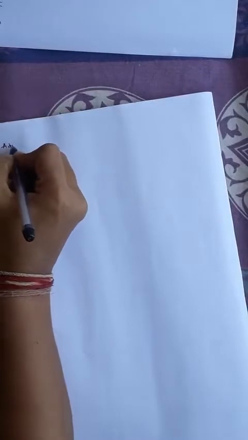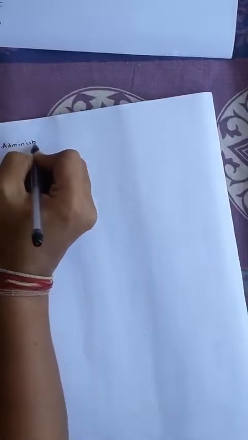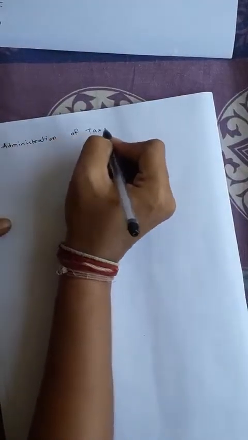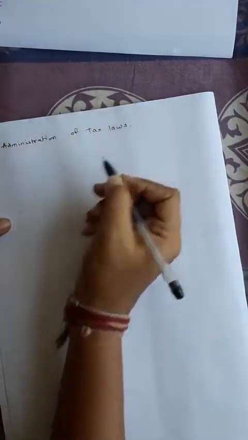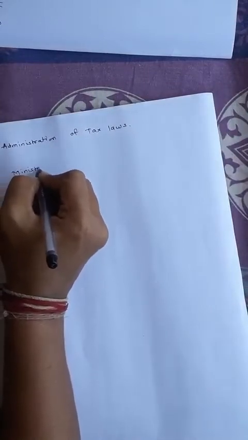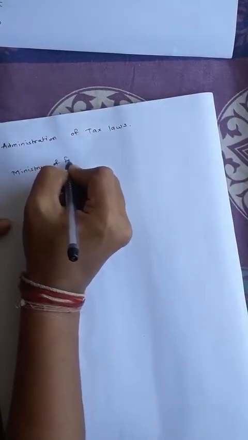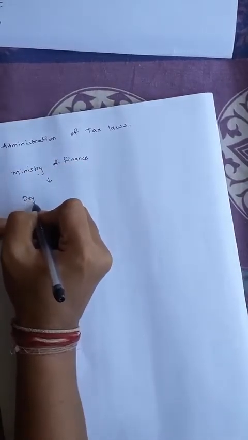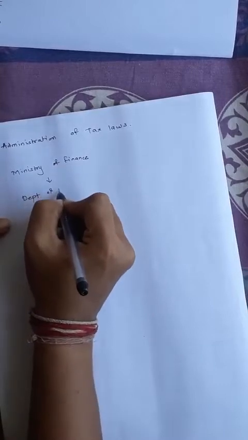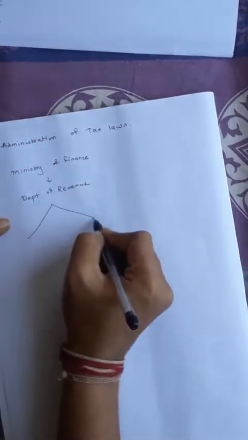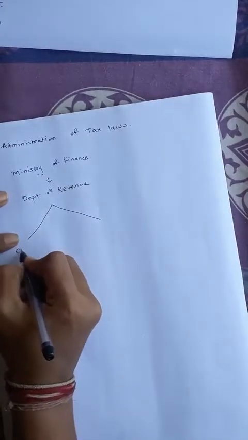Now we are going to discuss the administration of tax laws. Ministry of Finance has control over Department of Revenue, and under the Department of Revenue there are two boards.